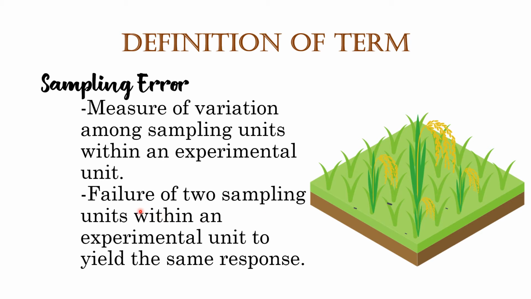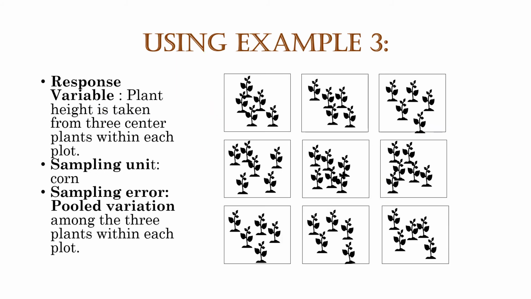In other words, it is the failure of two sampling units within an experimental unit to yield the same response. So that is the sampling error. For example, the plant height is taken from 3 center plants within each plot. Say we have 9 experimental units, and this is corn.